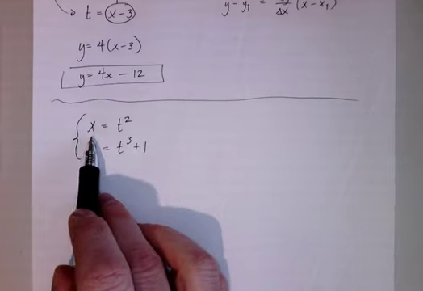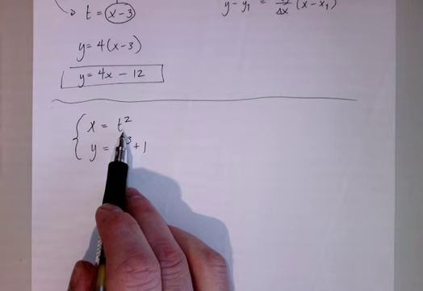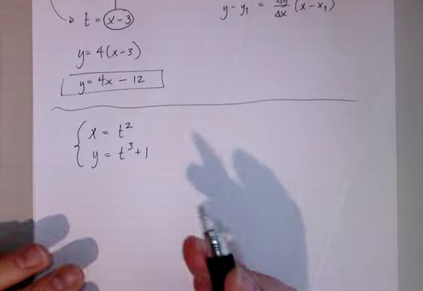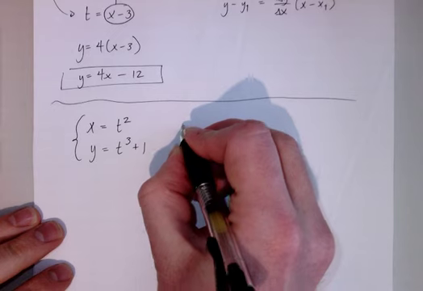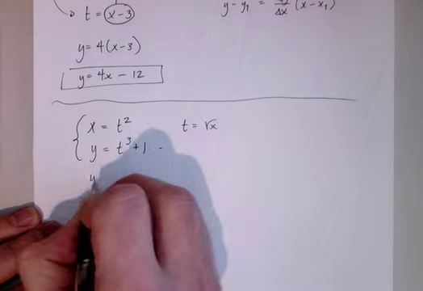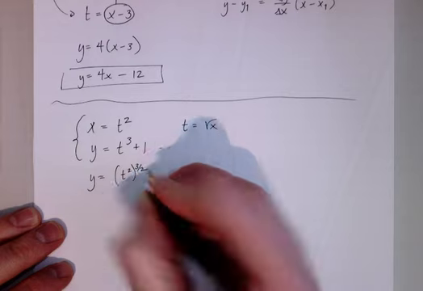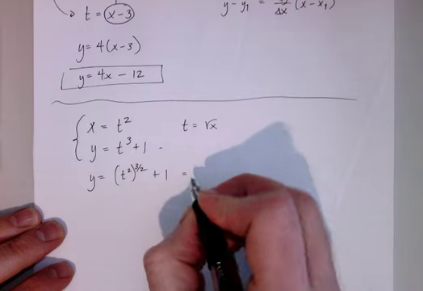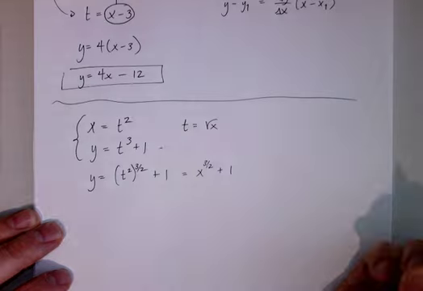In this particular case, you know that x is always going to be non-negative, because t squared is always 0 or positive. That's not likely to be a problem here because all you have to do is transform t into root x, or take y and rewrite the t cubed like that, because it's just going to wind up being x to the 3/2 plus 1.